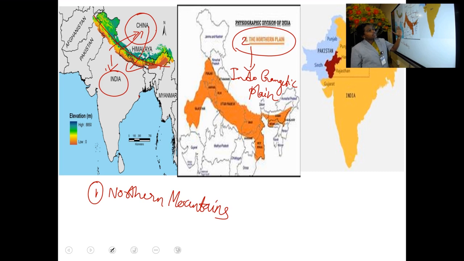See, when we check the map of India, the northern plains are located in the south of the Himalayas. In the northern part exist the Himalaya mountains, and these northern plains are located in the south of the Himalayas.